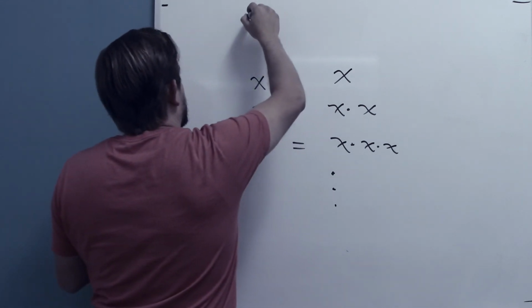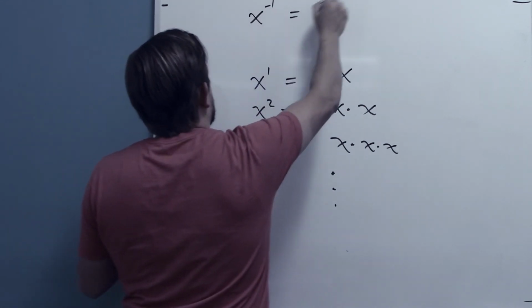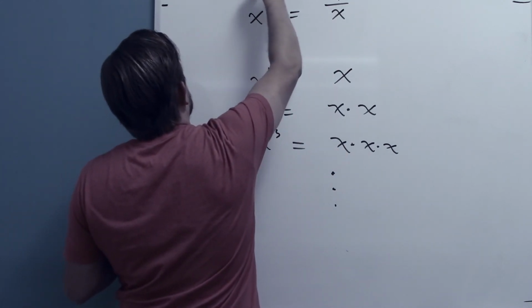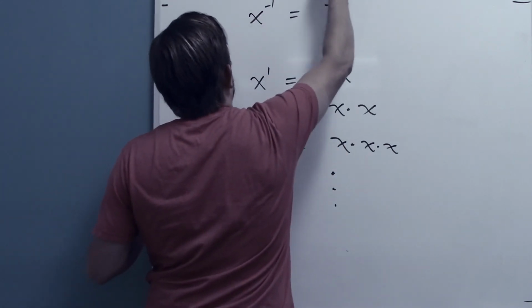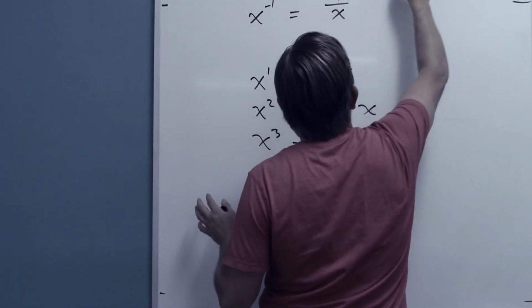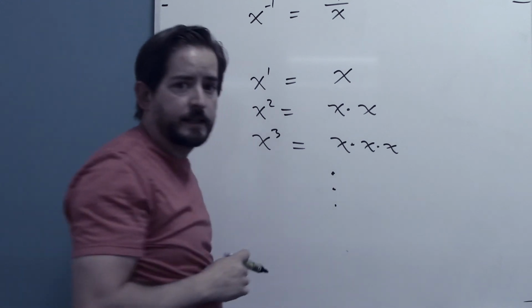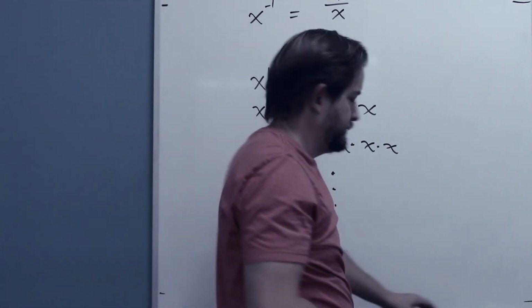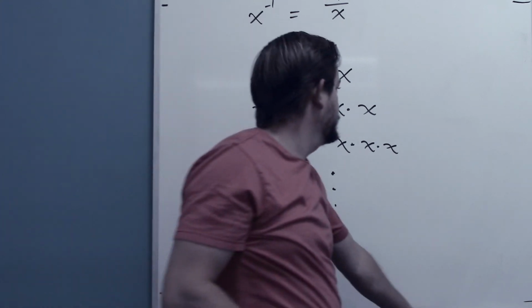And if I have x to the negative 1, we just said that that would be 1 over x. And x to the negative 2 would just be 1 over x squared, which is the same as 1 over x times x. I think that's too high, probably. It is, yeah. So let me rewrite this.